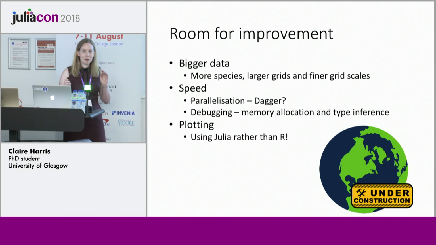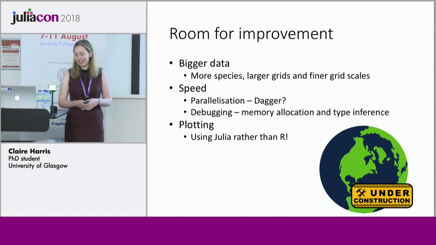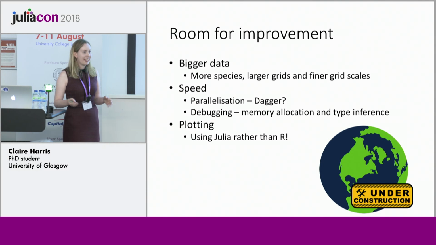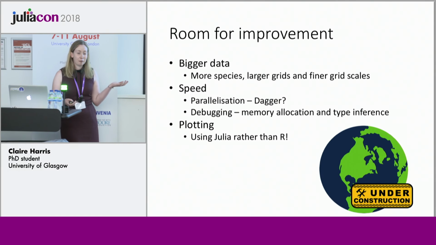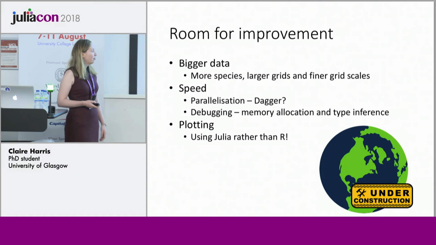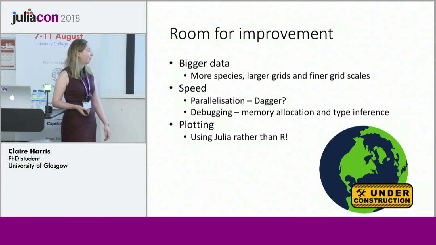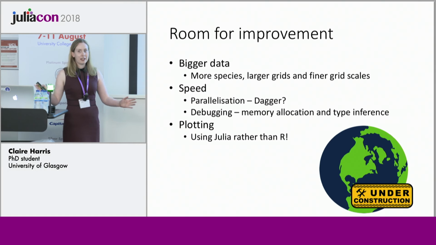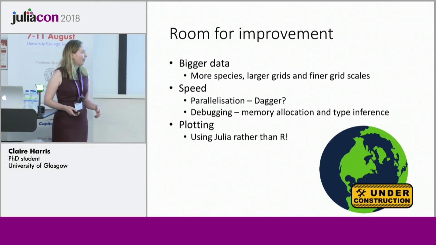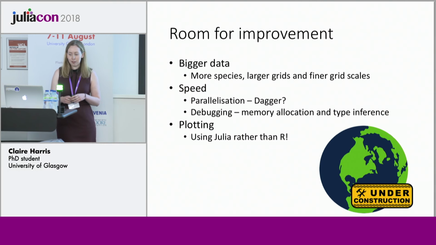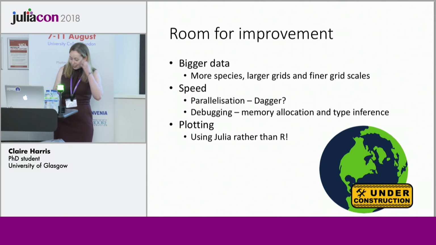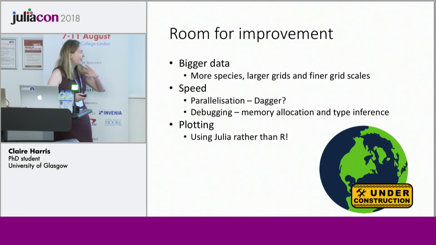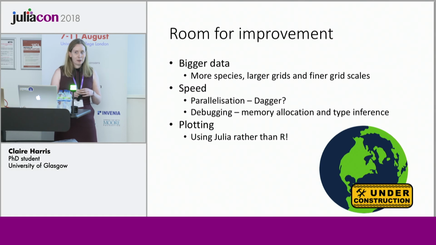So there are a lot of ways that this needs to change. Essentially, we've got all of this data, and for those simulations, I only had about 100 species in, but we've got thousands that we have information for. We want to do this over broader areas and for finer grid scales, and for that, I really need more speed. There are two parts of this that I would like to work on.